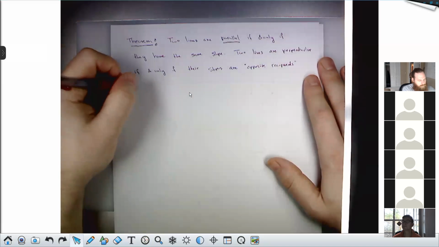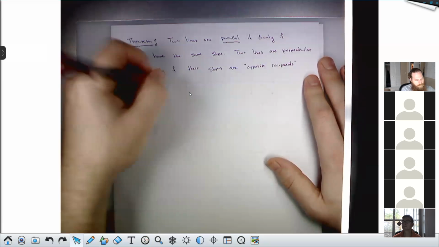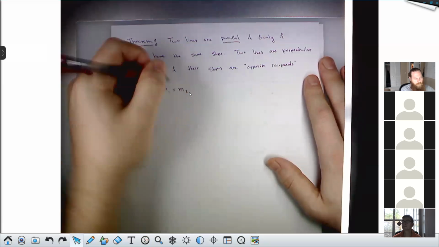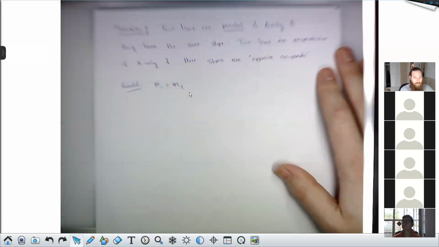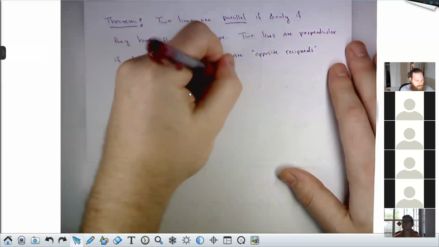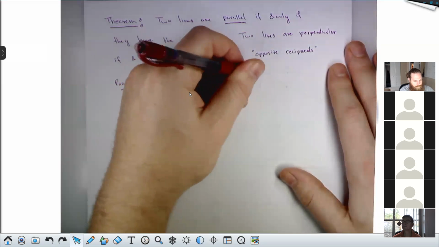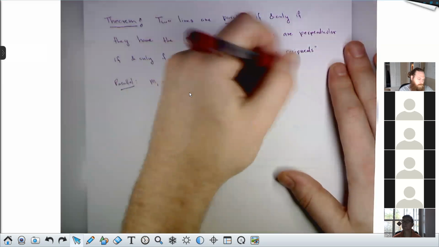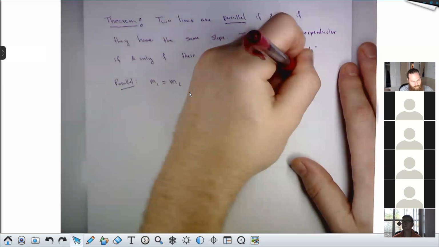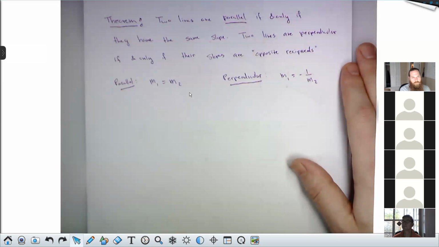So parallel, the two lines will have slope m1 and m2, and they'll be equal. Perpendicular, the two lines will have slopes m1 and m2 satisfying an expression like this.